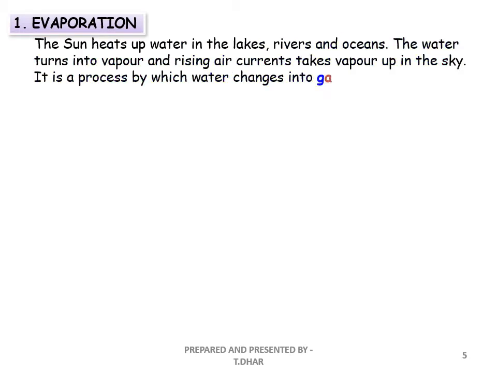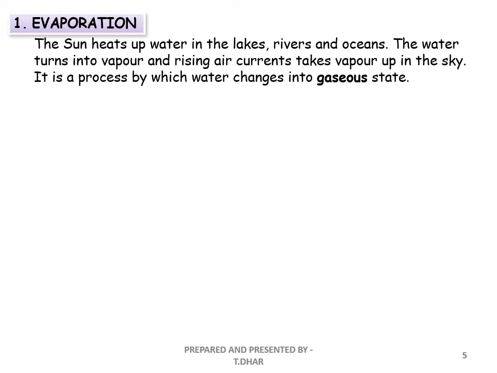Evaporation. The sun heats up water in the lakes, rivers and oceans. The water turns into vapor, and rising air currents take the vapor up in the sky. It is a process by which water changes into gaseous state.